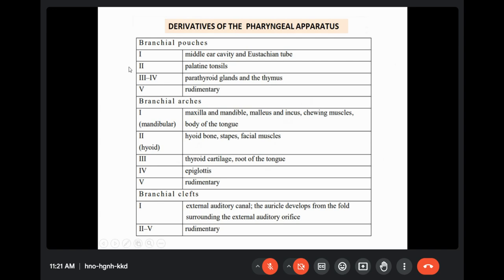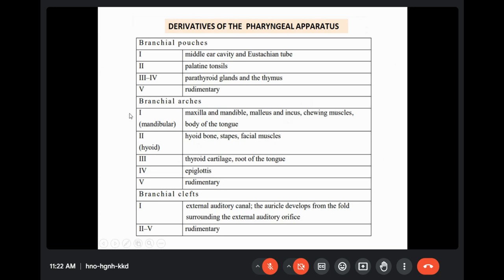Pharyngeal pouch 2 gives rise to the palatine tonsil, which performs immune function. Pharyngeal pouches 3 and 4 give rise to the parathyroid glands and thymus. Pharyngeal pouch 5 is rudimentary, it doesn't develop.